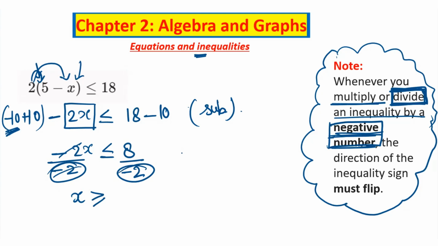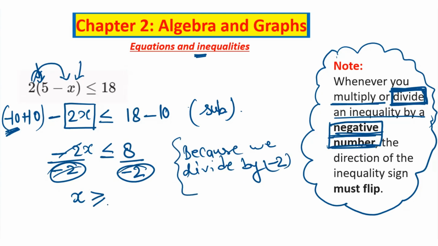Because we divide by negative 2, a negative number, that's why this inequality sign changed.